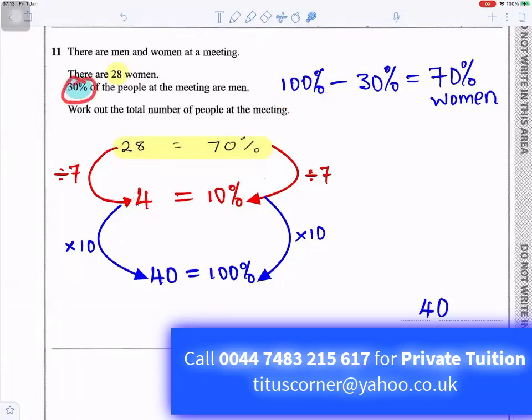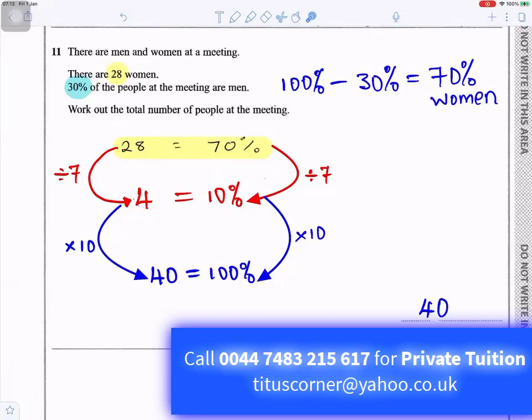If 30% of the people are men, then 100 minus 30 gives you 70. So women are 70%. We know the percentage for women, and there are 28 women. That means 28 women represent 70%.